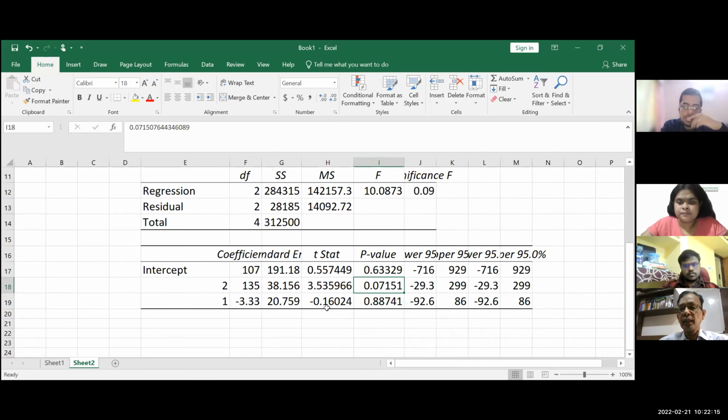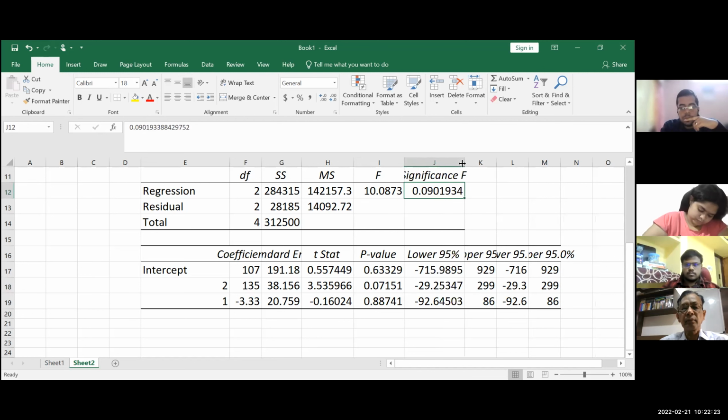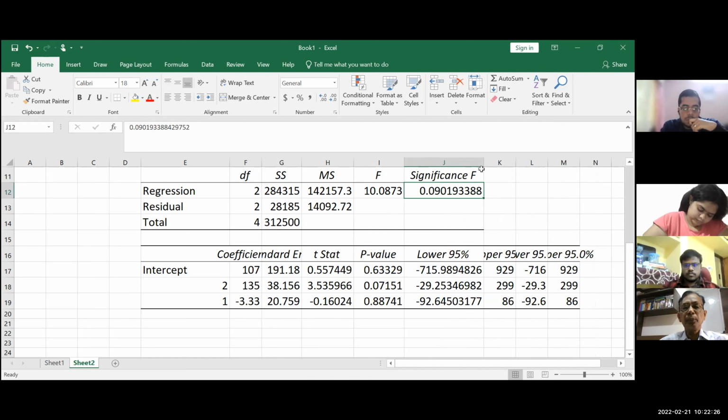Ah, very good. Thank you. Who told that? 0.09. Asim, you are not helping me. J column. Highlight 0.09 in yellow. Just click that color. Okay. So this is the final p-value.